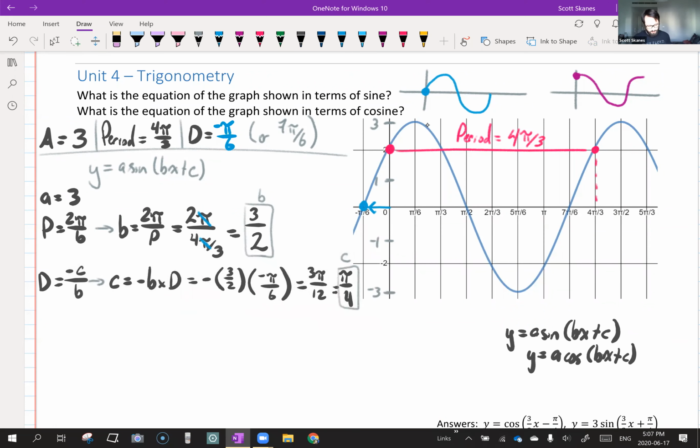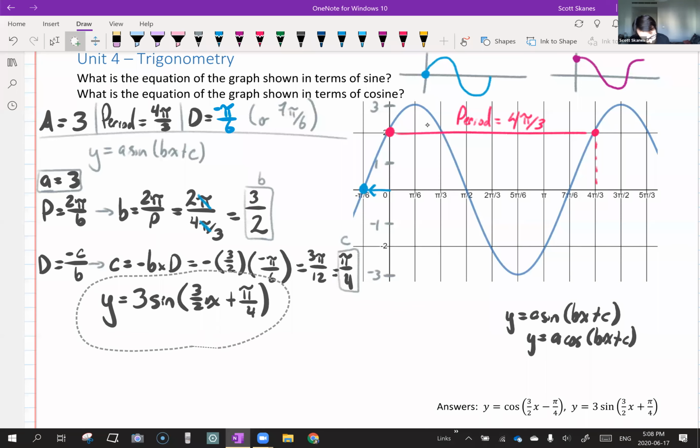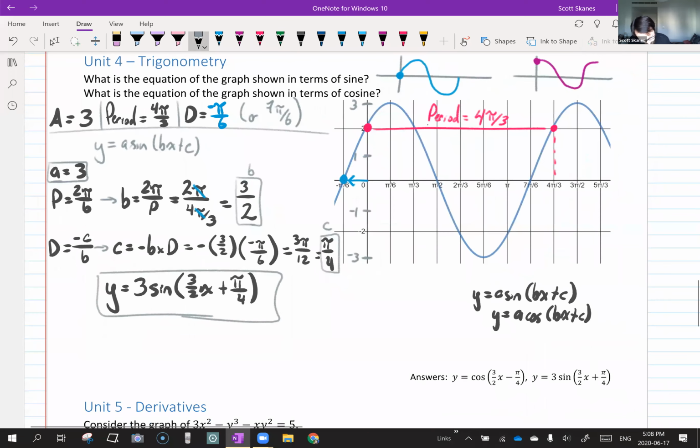We have A, B, and C. We can write our sine: 3 sine of (3 over 2 x plus pi over 4). And that is that. Okay.